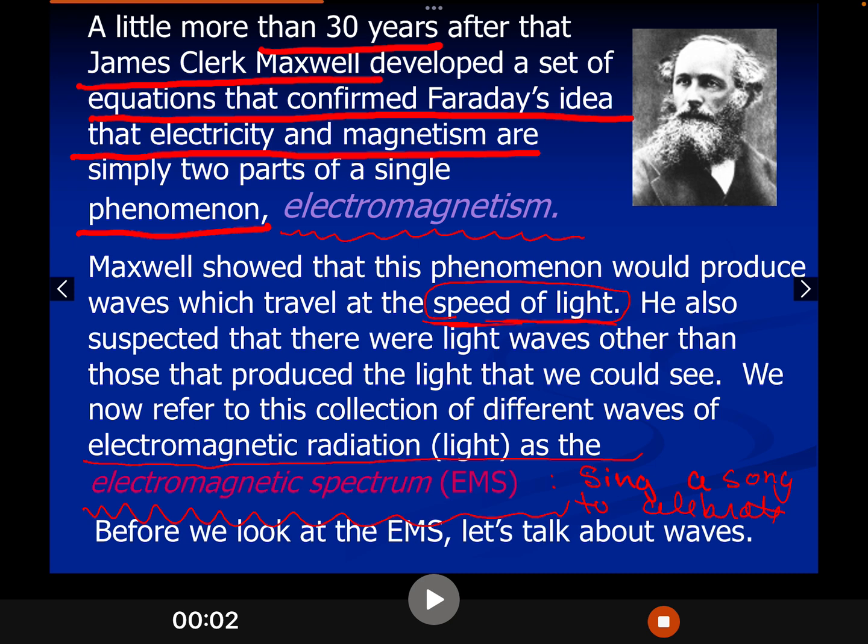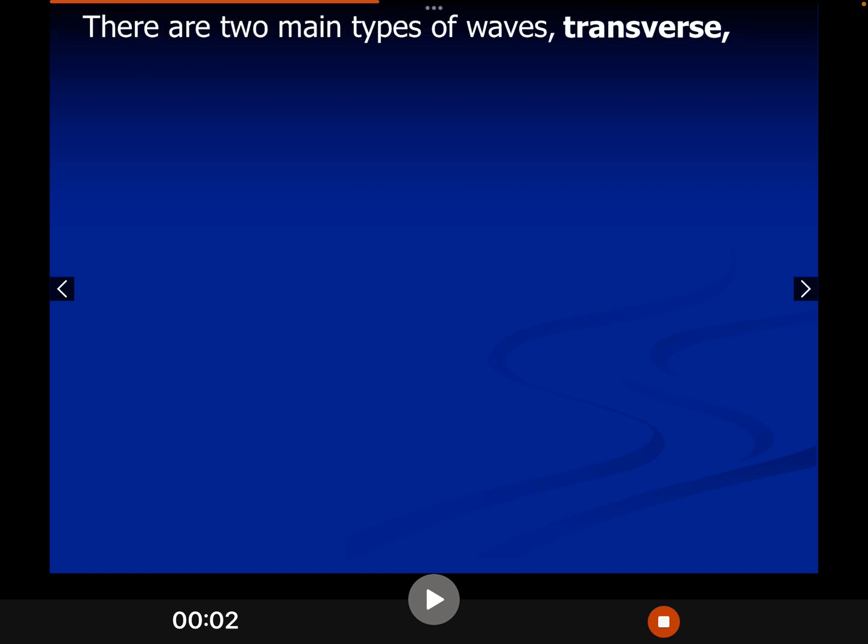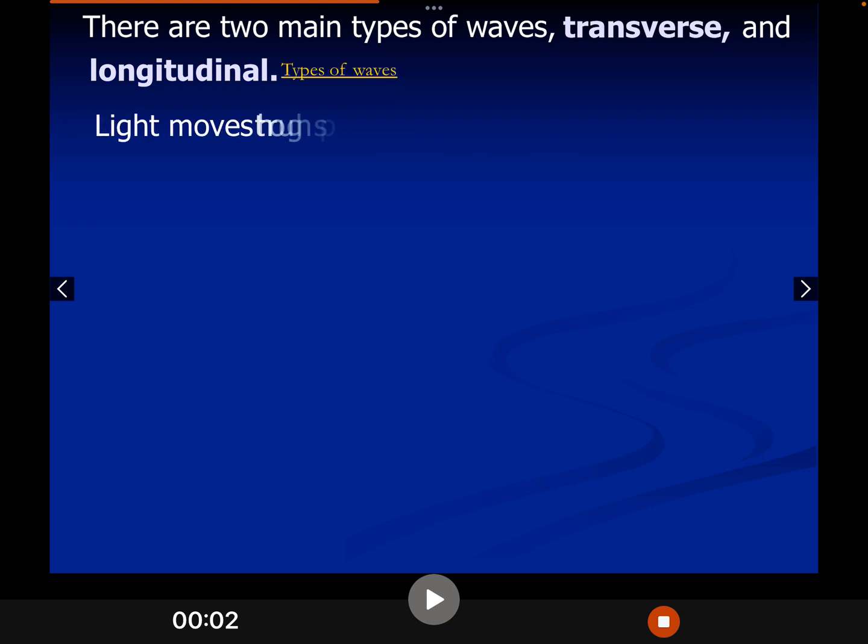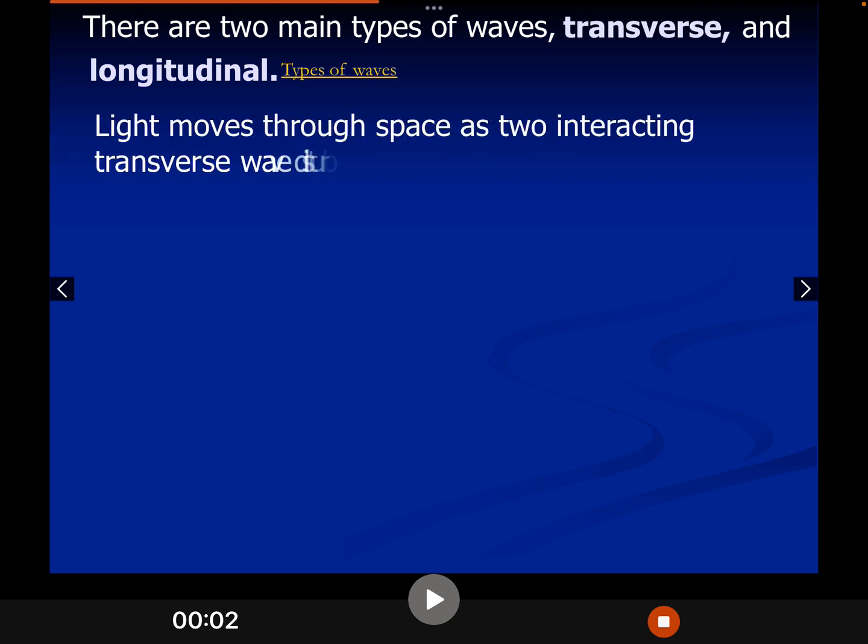So let's talk about waves. There are two main types of waves, and this is pretty easy, so take good notes here. Just pause if you need to. Transverse and longitudinal. That link doesn't work. Light moves through space as two interacting transverse, make a note, light travels as two transverse disturbances.